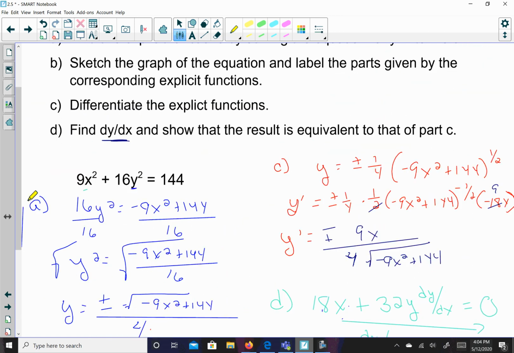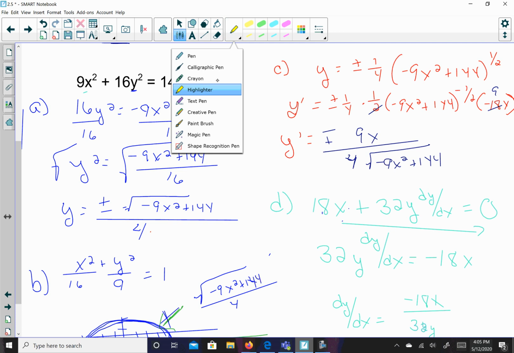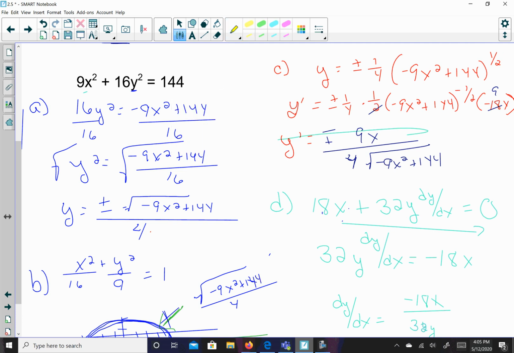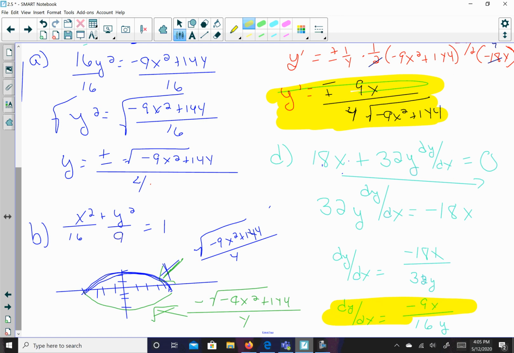And so it says find dy dx and show that the result is equivalent to C. So right now you're looking at C, and you're looking at this, which is my derivative for C, and I'm looking at my derivative for D.